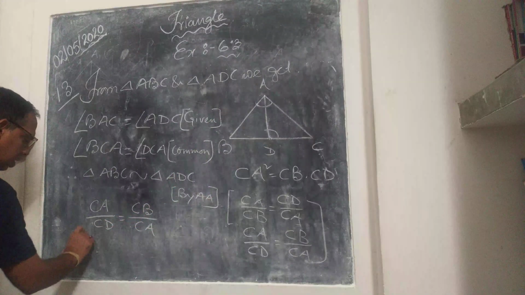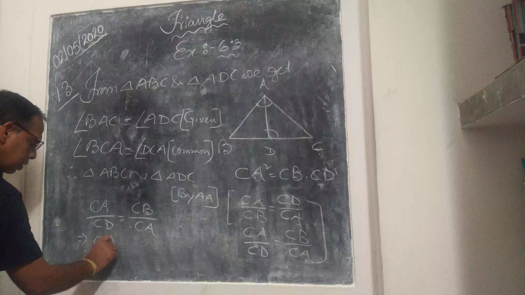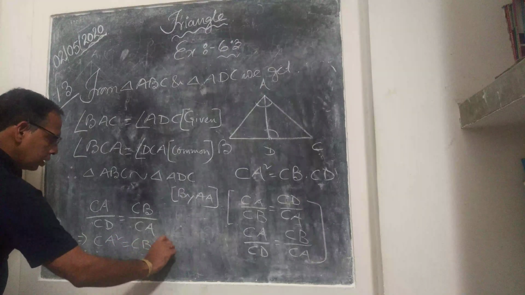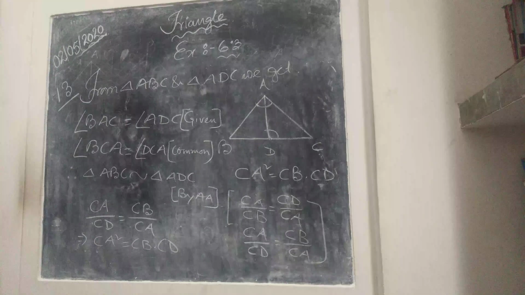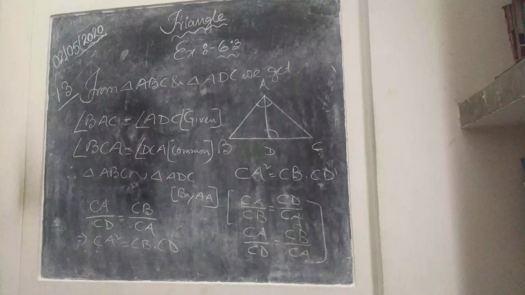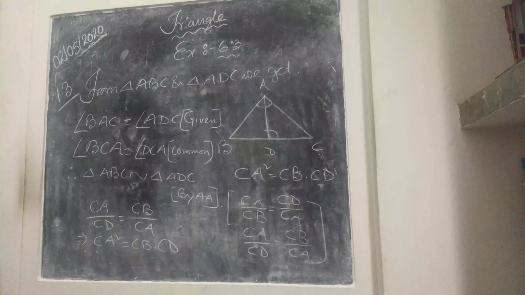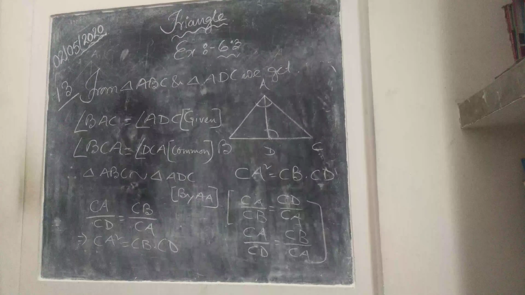Then once again you get CA square equals CB dot CD. So this is question number 13. This is also an important question, so please write it down. Then next we will pass to question number 15.